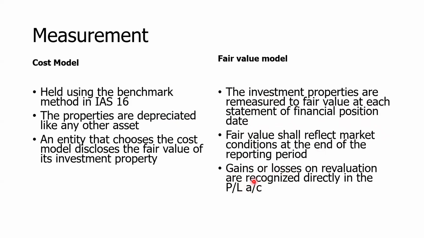If there is a gain or a loss, you recognize it directly in the P&L account. Unlike the revaluation model where the revaluation gain goes to other comprehensive income, here it goes straight to the income statement, to the profit and loss account. If there is a loss, it also goes to profit and loss.